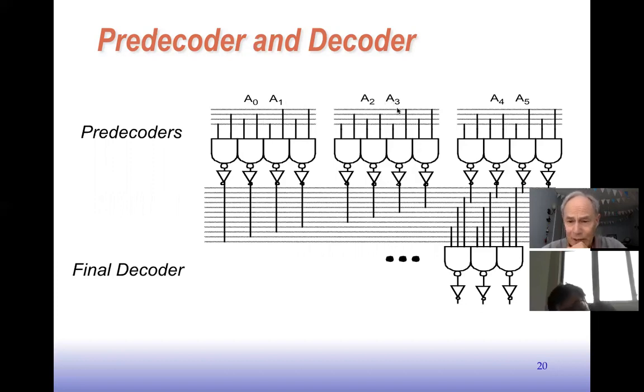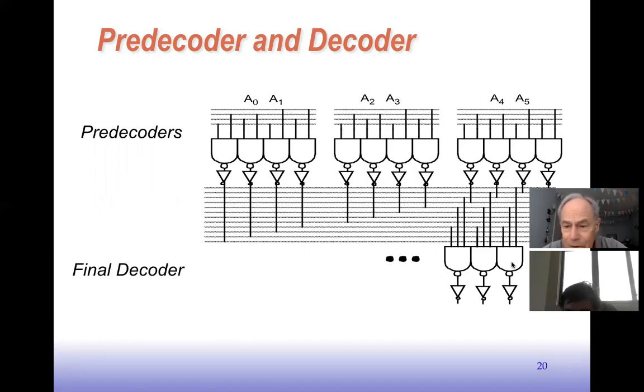We do the same thing for A2 and A3, and then the same thing for A4 and A5. And then the final decoder is just a series, in this example, of 3 input NAND gates, where each NAND gate picks the proper signal from the pre-decoded values, right?